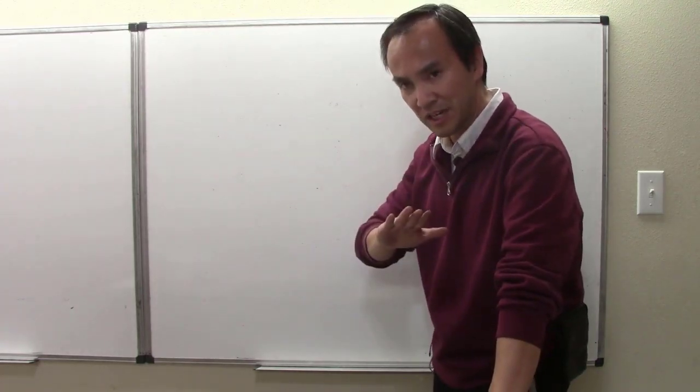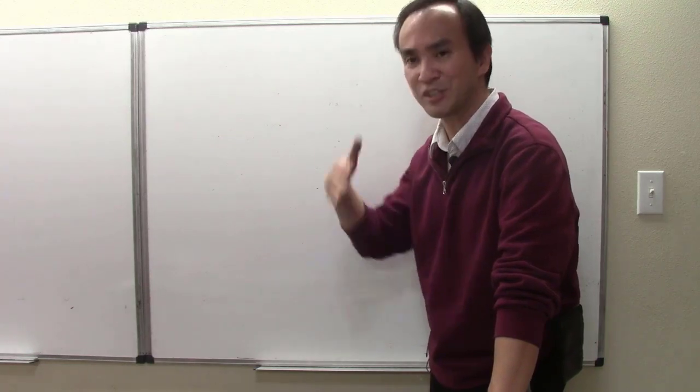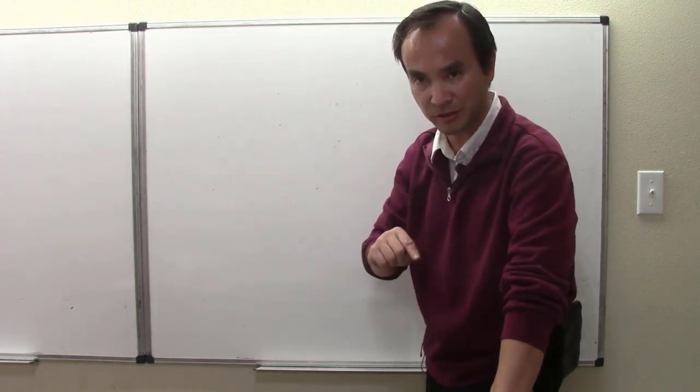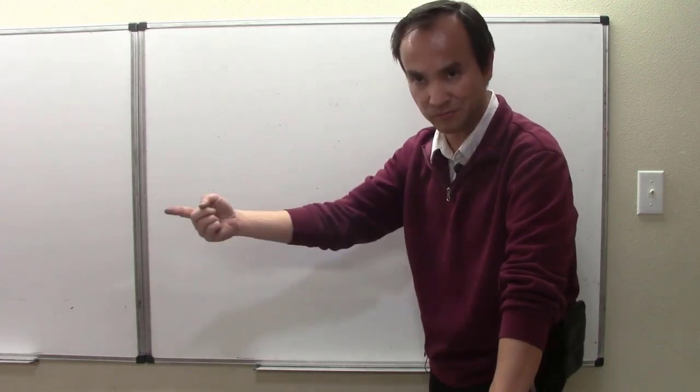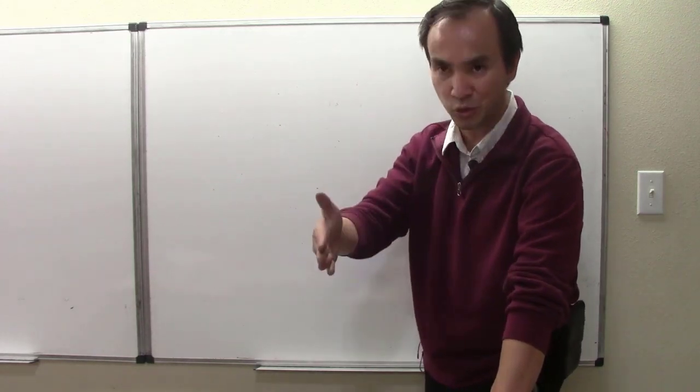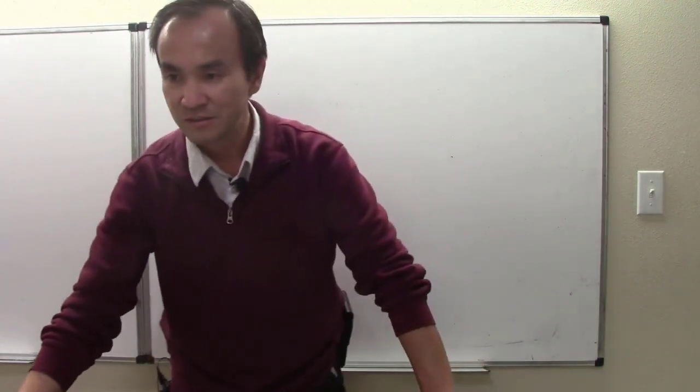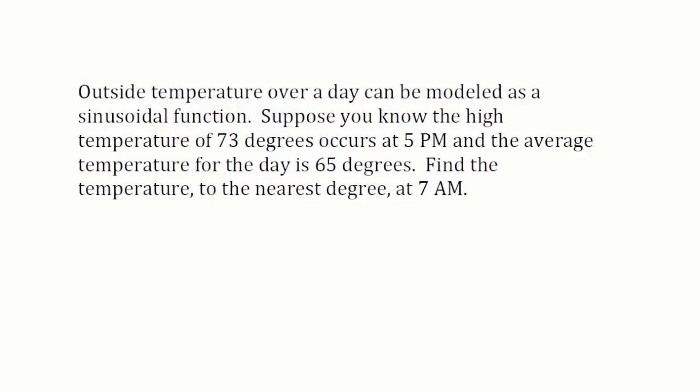So it did not specifically ask us to come up with the modeling function, but it is our responsibility to come up with the modeling function in order to use that function and come up with the prediction. According to the wording, outside temperature over a day can be modeled as a sinusoidal function.